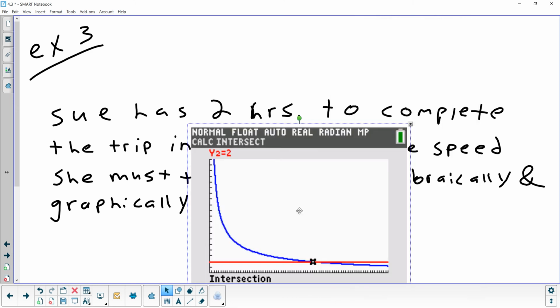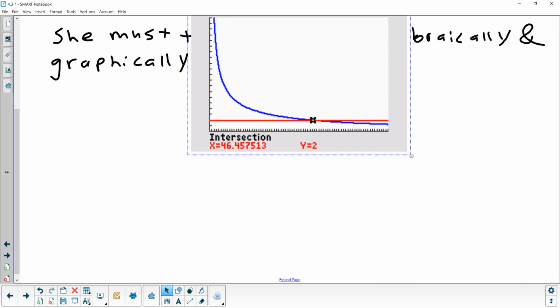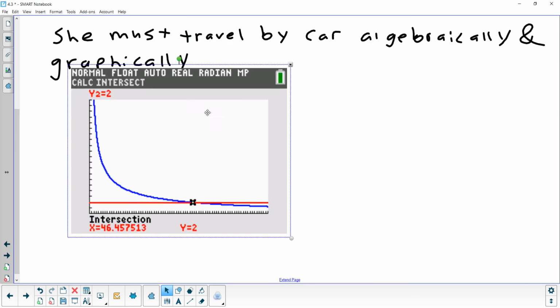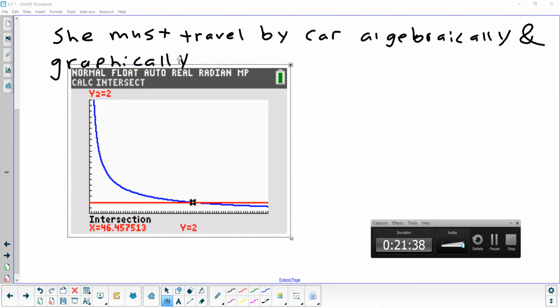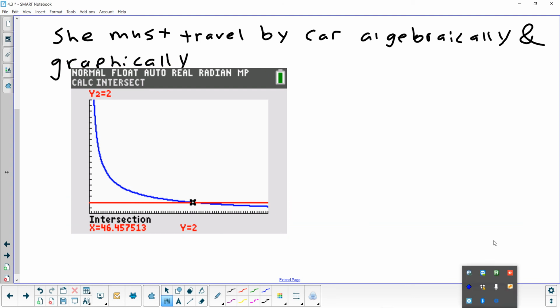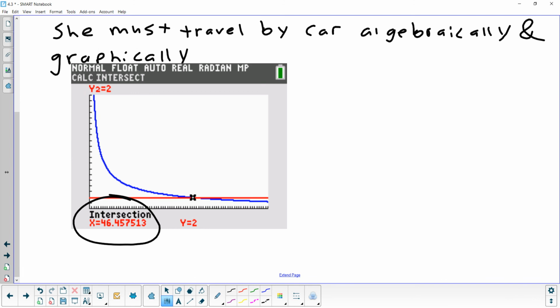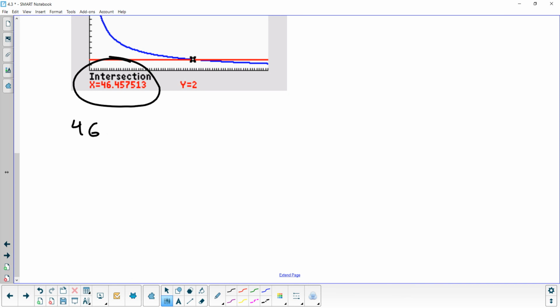And we get a speed in the car. All right, so the speed by car is about 46.46 miles per hour.